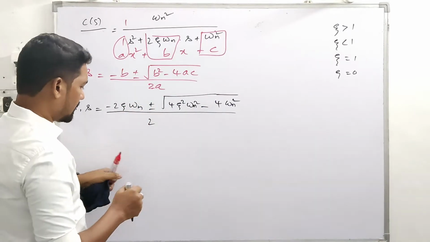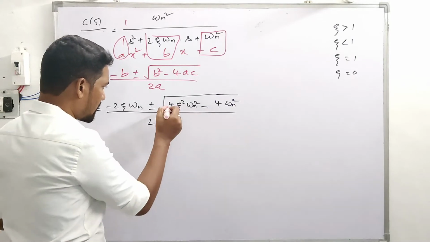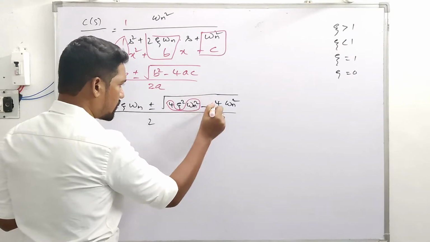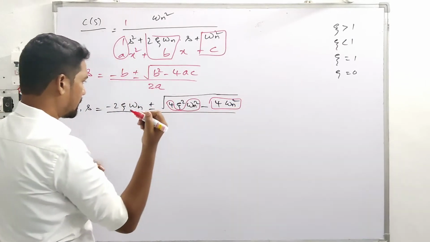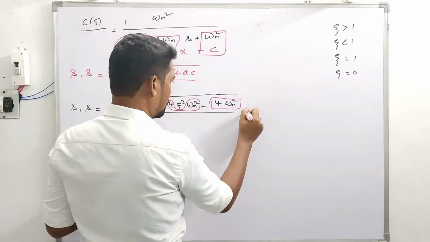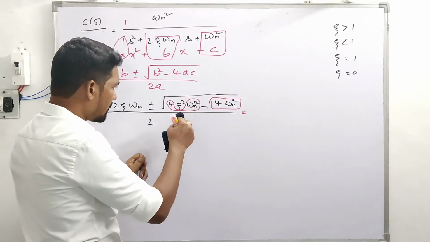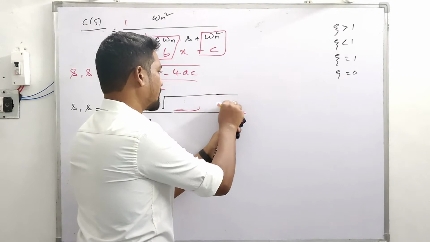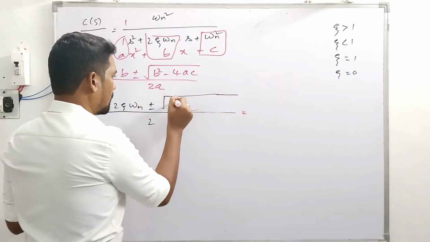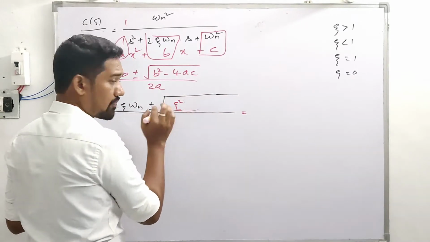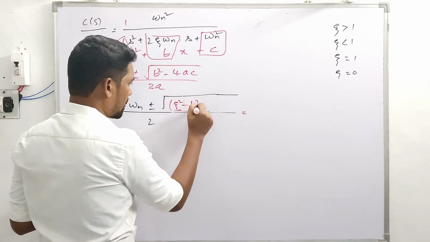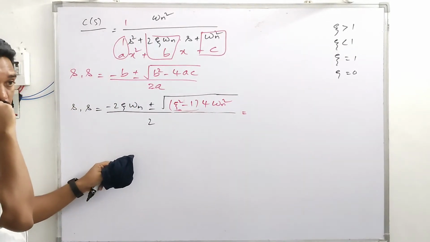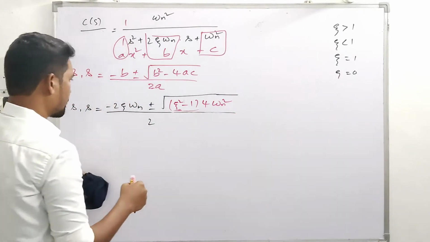All right, so taking 4 out as common from these 2 terms, that will result in, let me take it here itself, zeta square from the first term and minus 1 from the second term. What do we have? 4 omega n square. This is the change we have.